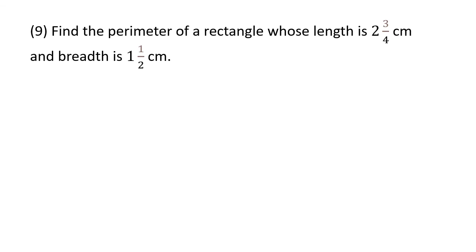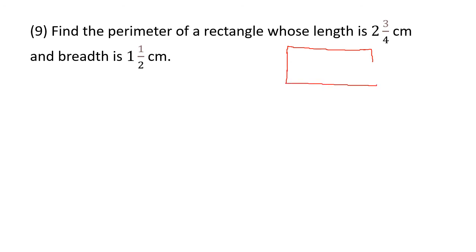Now this is my last question. It says find the perimeter of a rectangle whose length is 2 and 3 by 4 centimeter and breadth is 1 whole 1 by 2 centimeter. So actually we can draw this diagram here. For questions of perimeter, area and all those things, always, if possible, try to draw the diagram.